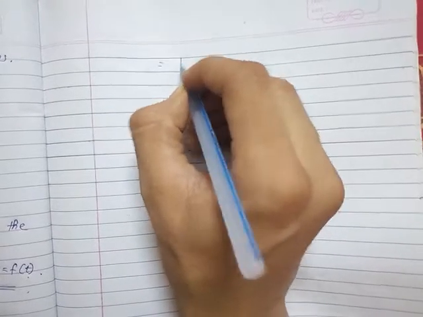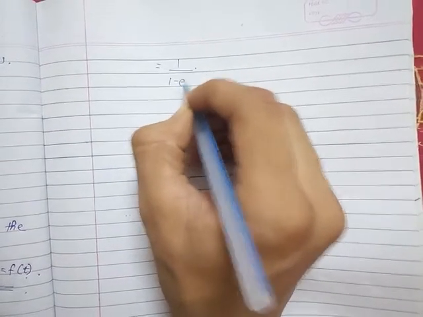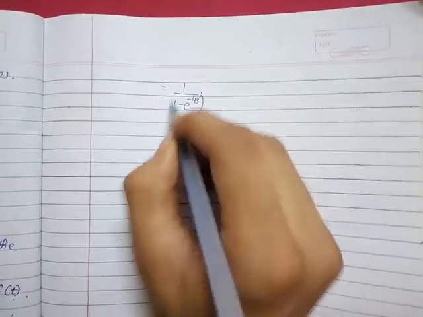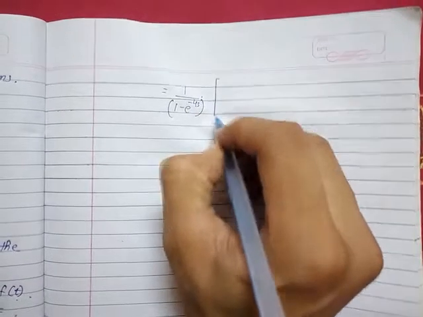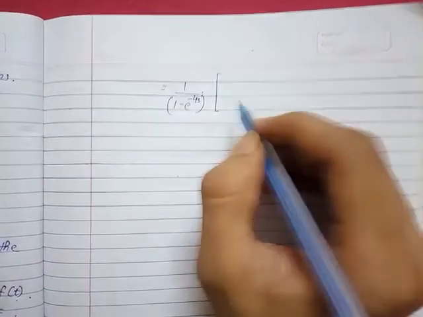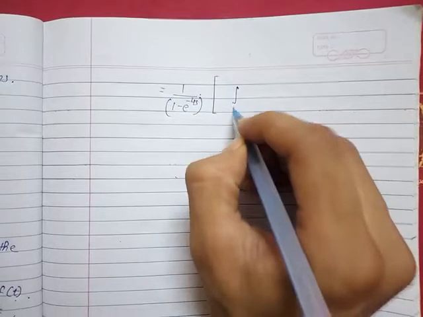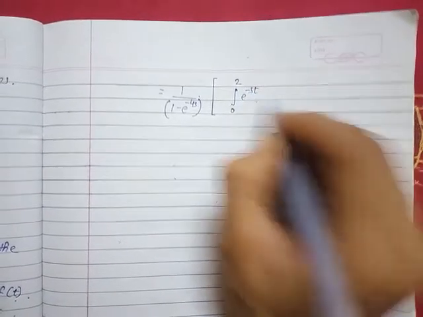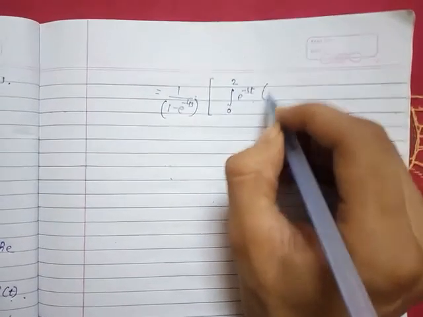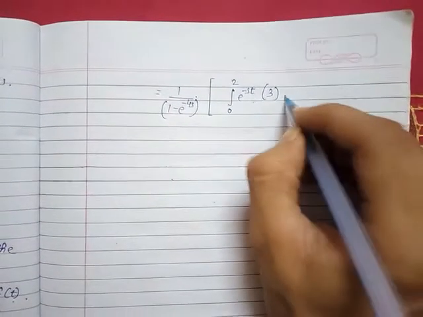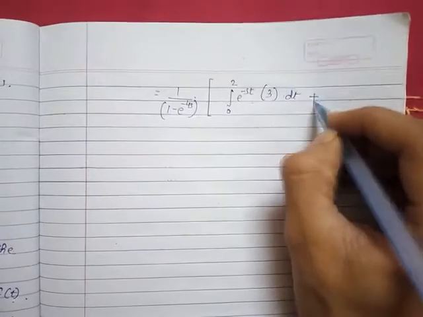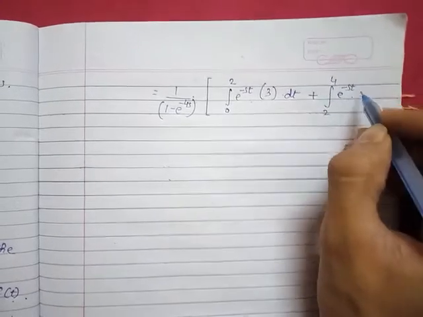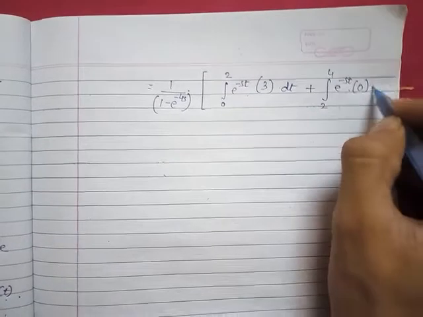Which will be equal to 1 upon 1 minus e raised to minus 4s, then we will split the integral into parts: from 0 to 2 e raised to minus st, and for that the value of the function is 3, dt, plus from 2 to 4 e raised to minus st, and for that the function's value is 0, dt.